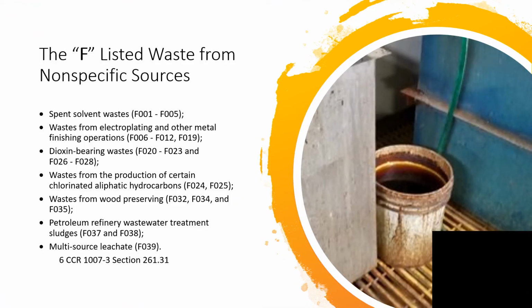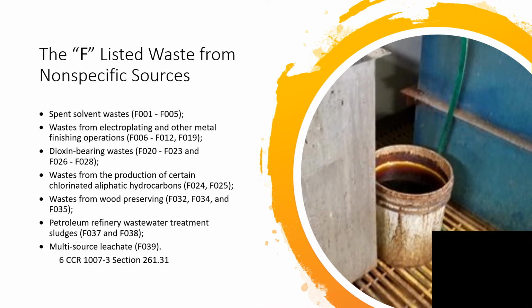First is F-listed wastes. It can be a spent solvent under F1 through 5. Wastes from electroplating or other metal finishing operations are F6 through 12, as well as F19. Wastes from the production of certain chlorinated hydrocarbons fall under F24 and 25.